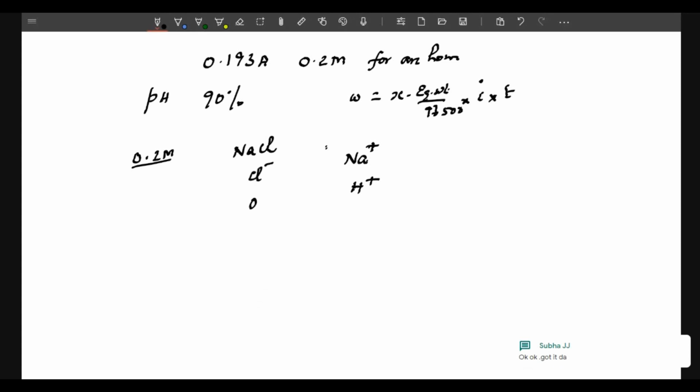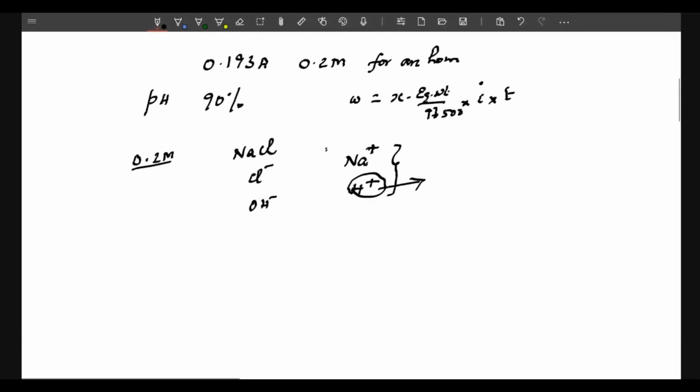In the anode, Cl- and OH- ions are there. Based upon the preferential discharge potential, H+ ion would be liberated at the cathode, whereas chlorine gas would be liberated at the anode.